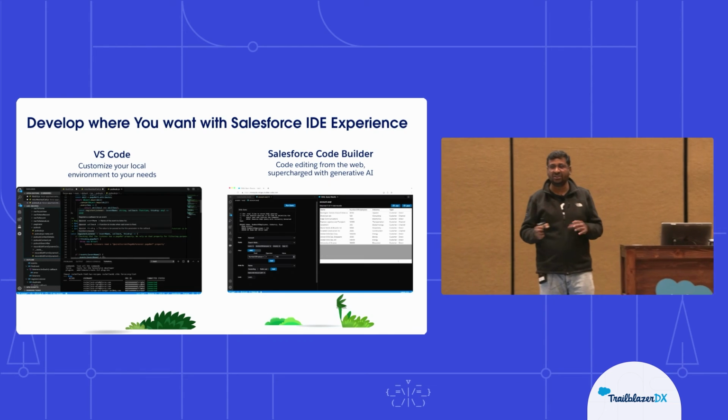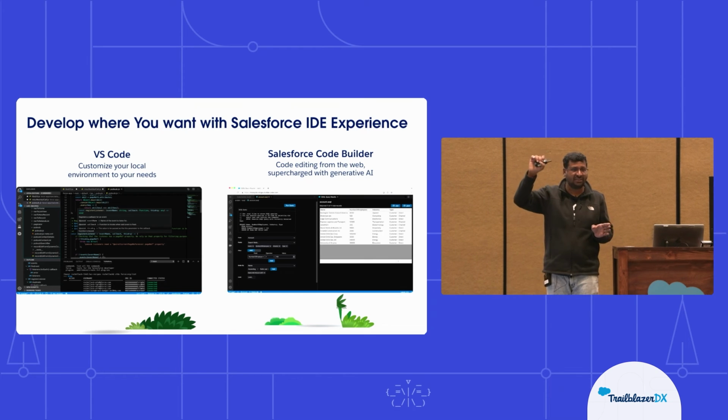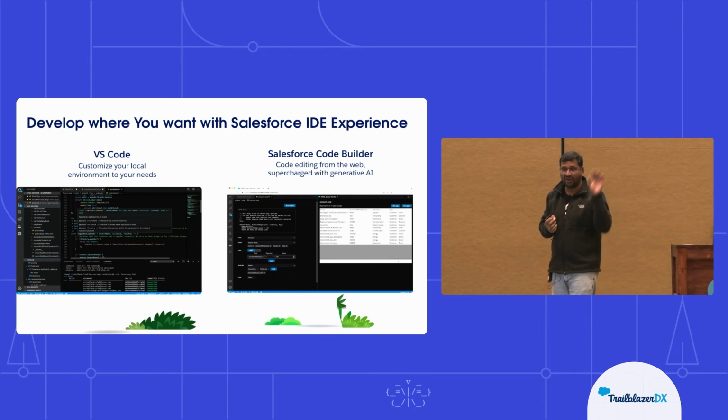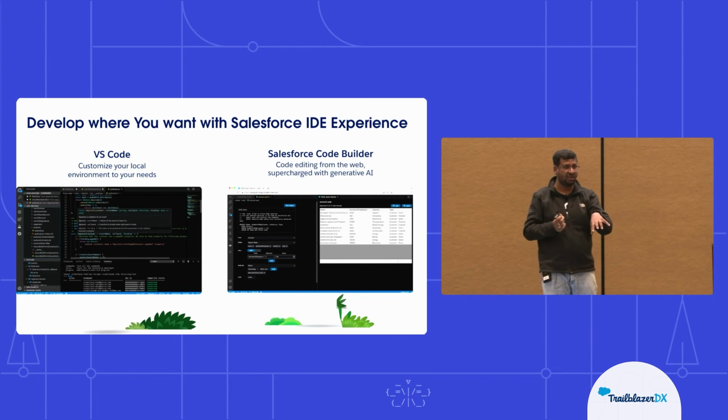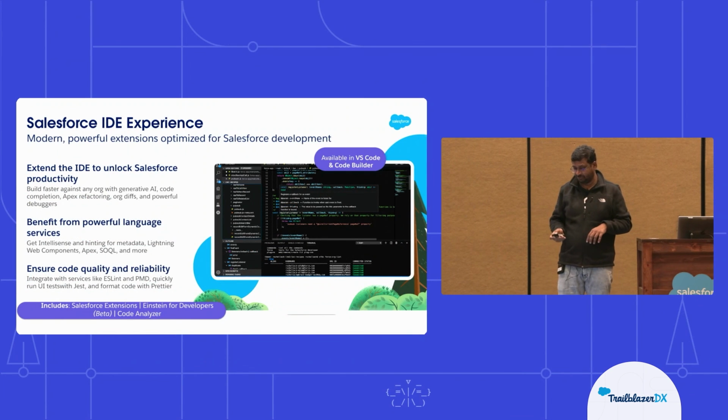You already saw me using the Code Builder tool, where we can run the environment right from your browser. So in the browser, I logged into my org, I launched it as a package from the app launcher, and I started using the Code Builder. You can use that. Or if you want to write the code on your desktop, you can install VS Code in your desktop, and then you can add the Salesforce extensions plugin.